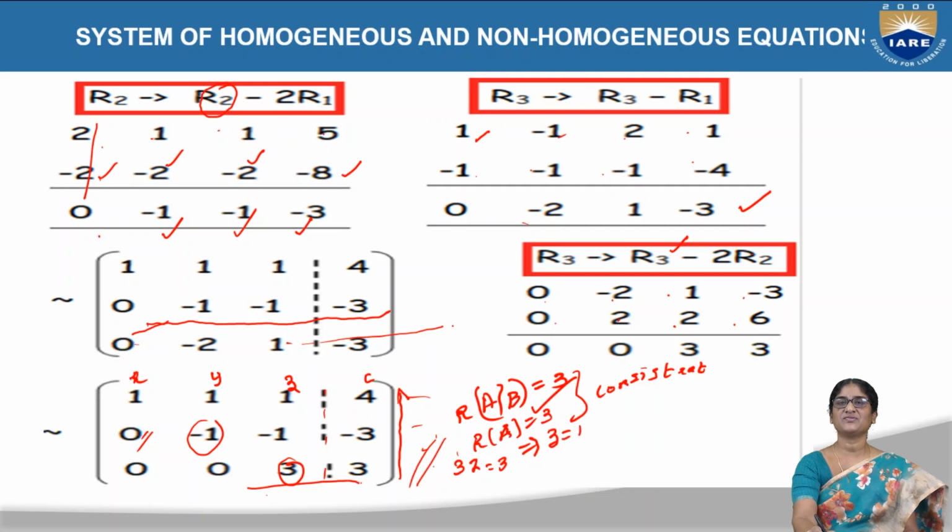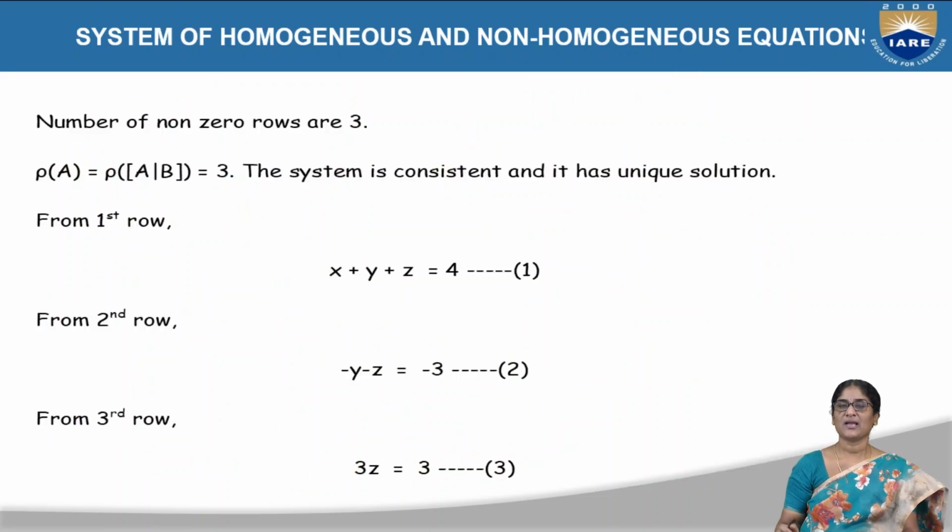The value of z which we have got, we use in the second equation, minus y minus z is equal to 3. Putting the value of z, z is equal to 1, we substitute: minus y minus 1 is equal to 3, or minus y is equal to 4, or y is equal to minus 4.